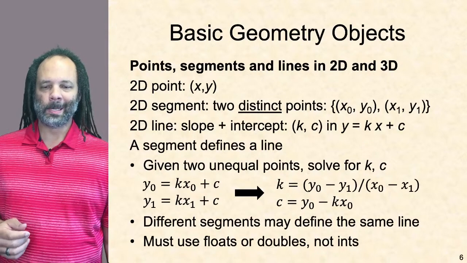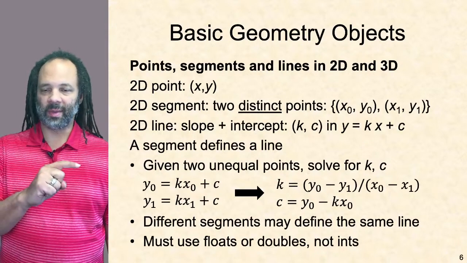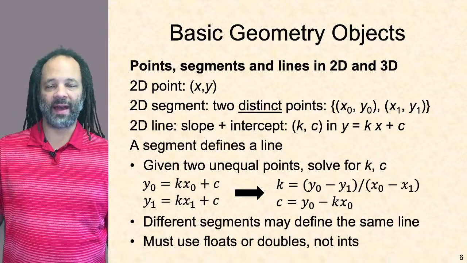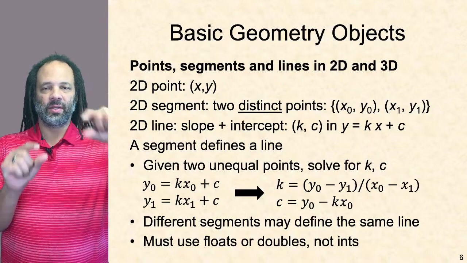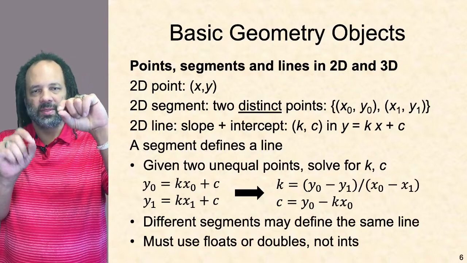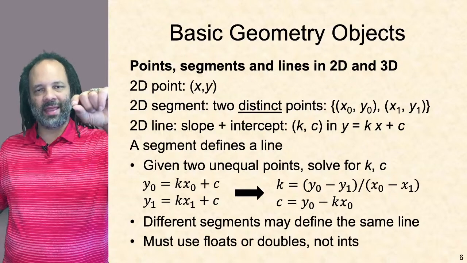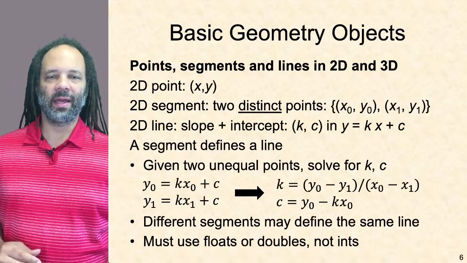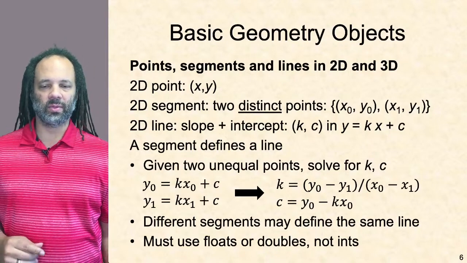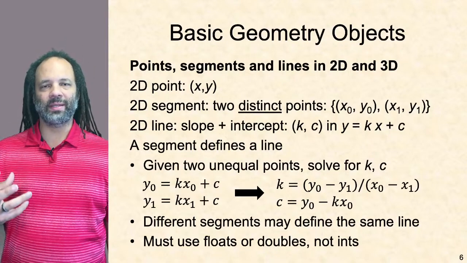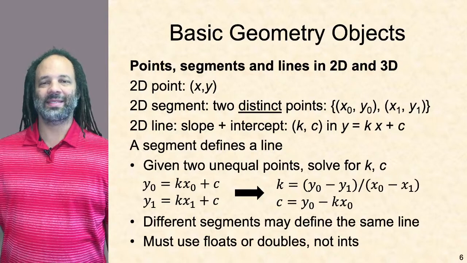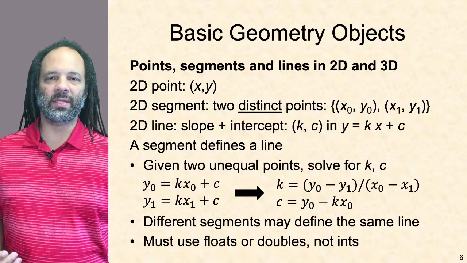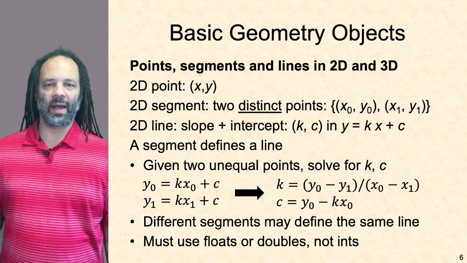So I can use a segment, of course, to define a line, because the segment is just a portion of that line. It has some slope, and if you were to extend that segment, it would eventually hit the y-axis, and then it would have a y-intercept as well. If I've got 2 points that aren't the same, let's see if we can find the slope and intercept from that. It's pretty simple algebra.